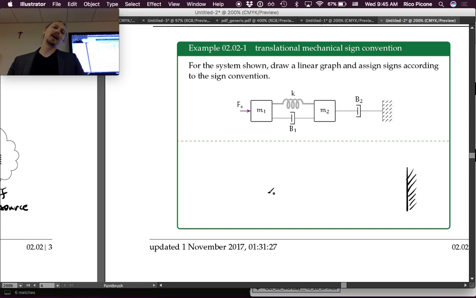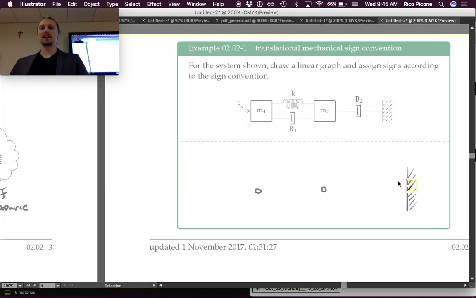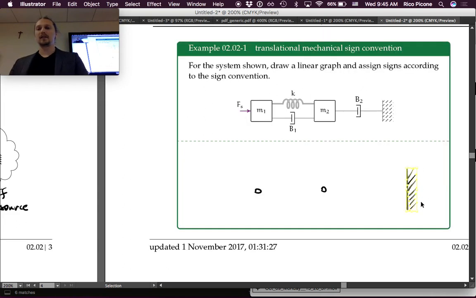I think we'll just stick with a nice layout: we'll put the mass 1 node here and the mass 2 node here. And maybe I'll move this over so that it's actually in line with the ground. So we can draw them like that.